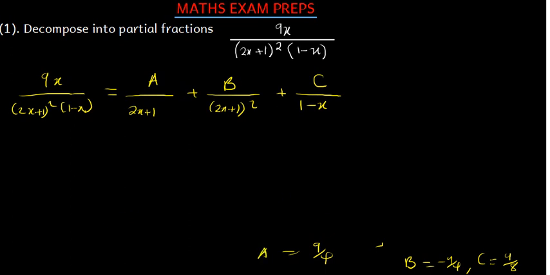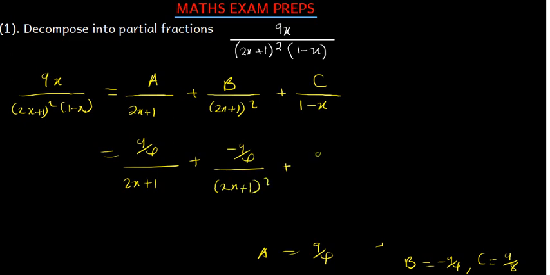So we say this is equal to, a is 9 over 4 divided by 2x plus 1, and then b is negative 9 over 4 divided by 2x plus 1 squared, and then c is 9 over 8 divided by 1 minus x.